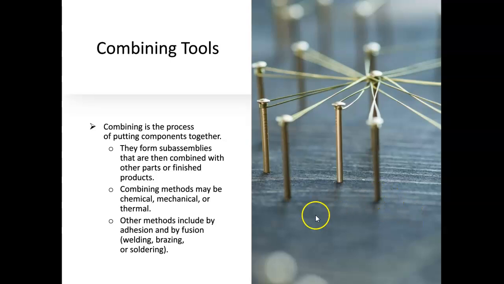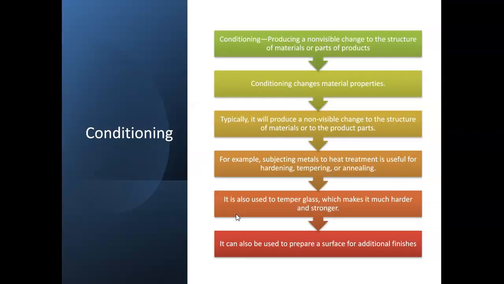If you consider what you're doing when you're welding or brazing or soldering, you're adding different elements and putting things back together. Those would be some of the different types of combining tools that we would be looking at here. We get into conditioning. Conditioning is a way to change the properties of the material that we're working with.